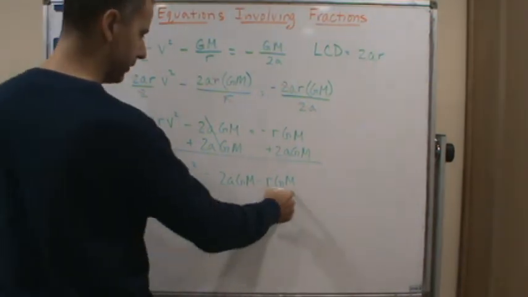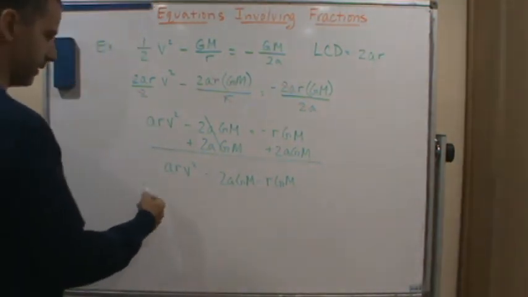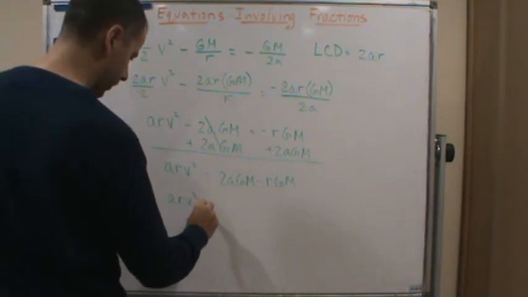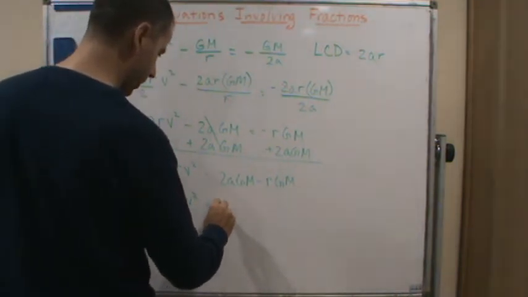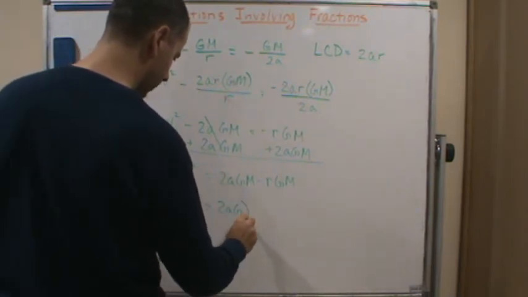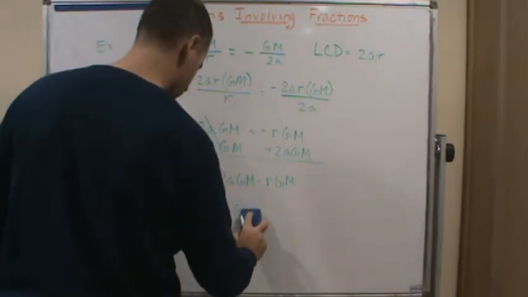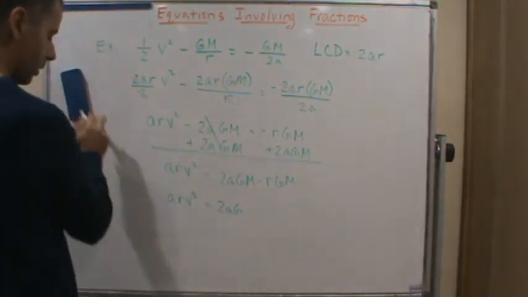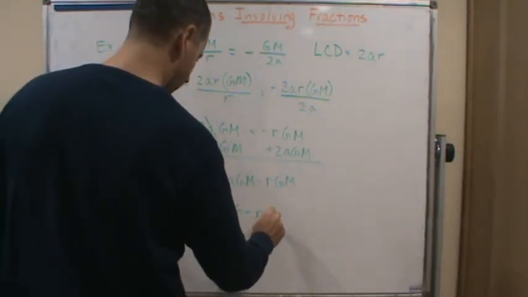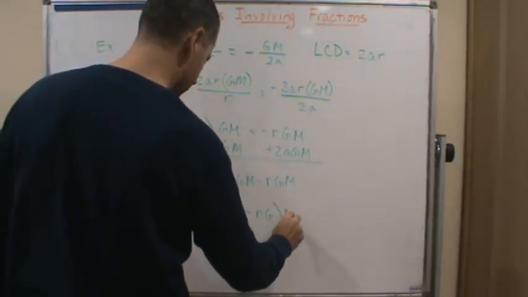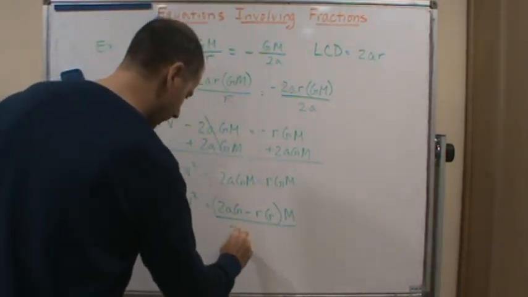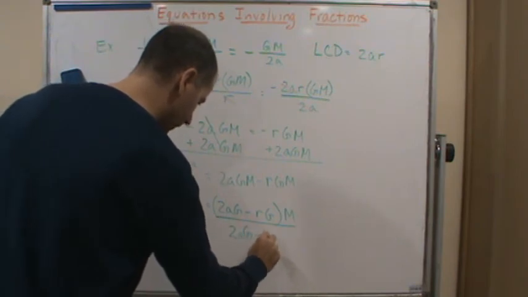And now I'm going to factor out the M, and then I just have to divide by the other factor. So this is going to give me AR V squared equals 2A G minus RG times M. And now all I have to do is divide by 2AG minus RG.